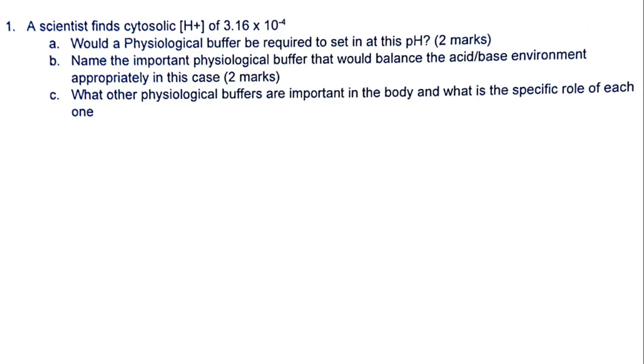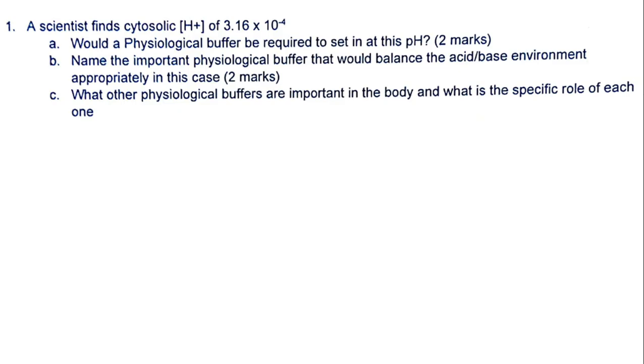The first question is, a scientist finds cytosolic H positive of 3.16 times 10 to the power negative 4. Would a physiological buffer be required at this pH? So what is the pH? We determine that it has what?